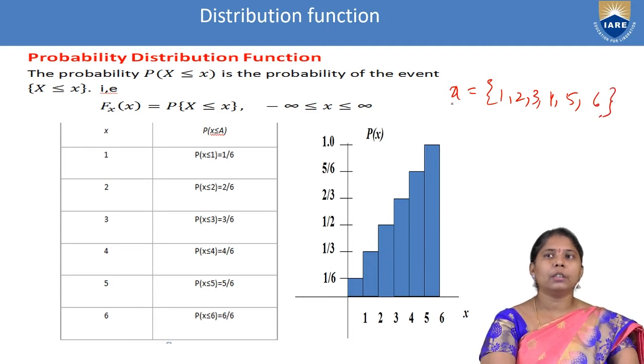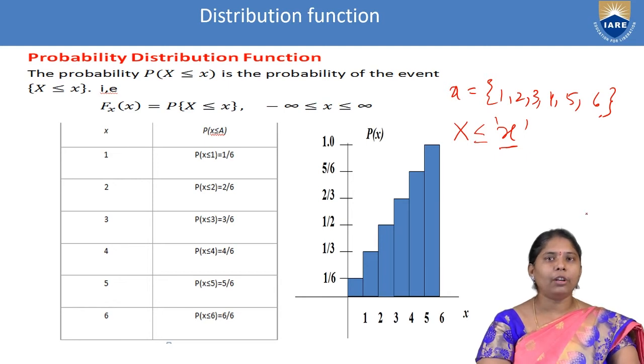Suppose capital X is the random variable and small x is the value of the random variable. You can consider the value up to 1, up to 2, up to 3, up to 4, up to 6 also.